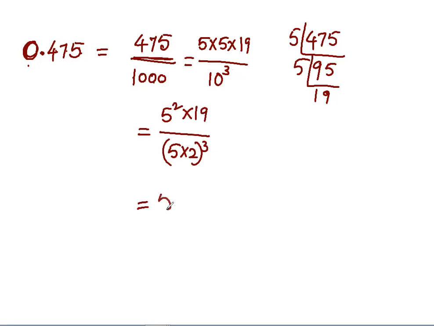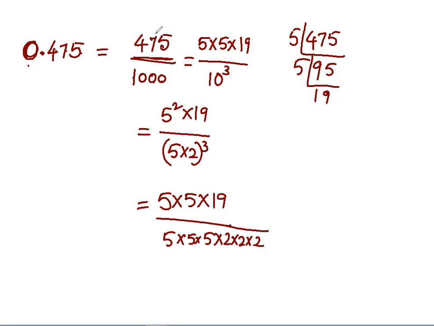Now 5 square means 5 into 5, into 19, by 5 three times and 2 three times.